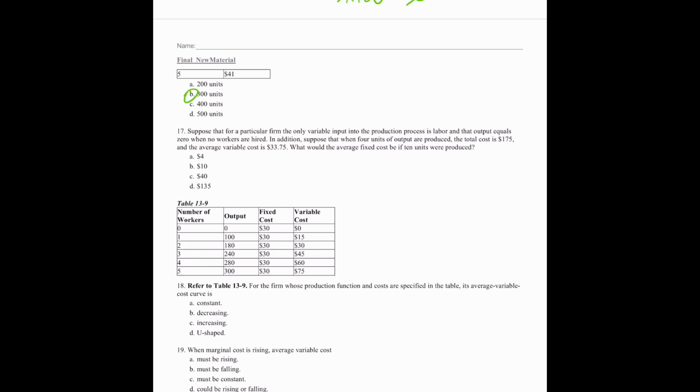So we have total cost and we have variable cost here. Similarly, we know that output equals 0 when no workers are hired. So then at a quantity of 4 units, we have to say 33.75 times 4. That's going to give us our total costs.